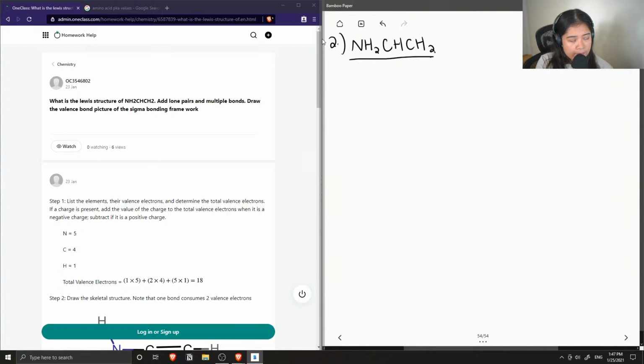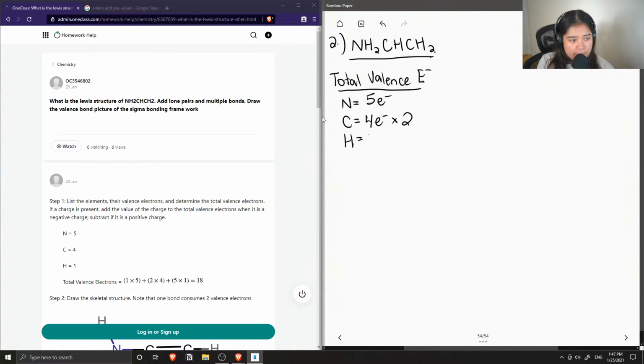The first step in finding the Lewis structure is to calculate the total number of valence electrons. In the case of nitrogen, nitrogen has 5 valence electrons. Carbon has 4, and we have 2 carbon atoms here, so we multiply this by 2.